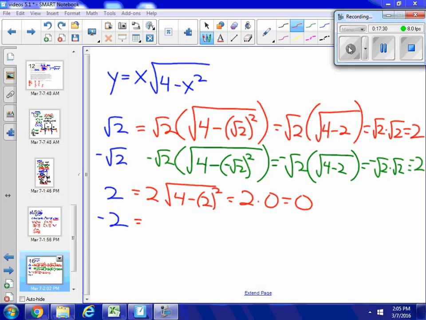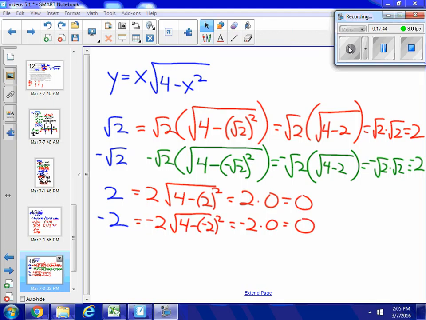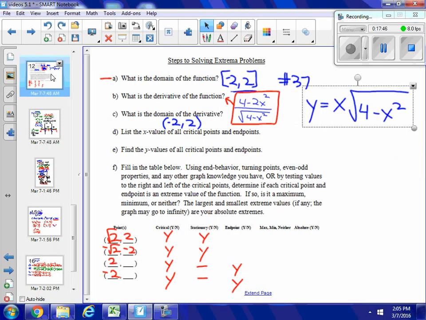I would have negative 2 times the square root of 4 minus negative 2 squared. Well, that's negative 2 times 0, which is also equal to 0. So going back up here, I now have my other 2 points, 2, 0, and negative 2, 0.